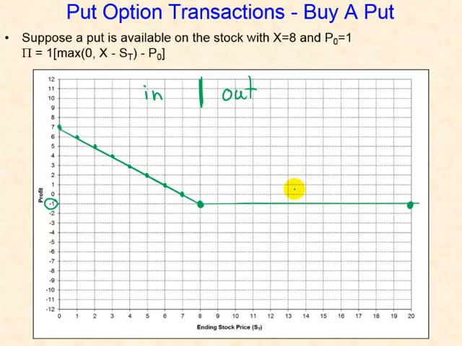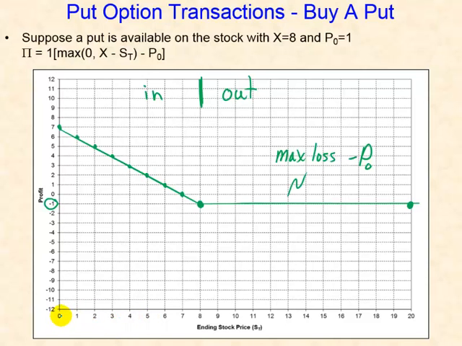So we can see that our maximum loss from buying a put is simply the premium we paid up front. So I'll write not C0, but this is a put, so we have P0. So the worst that can happen if we buy a put option for a premium of 1 is that we lose $1. At low stock prices, our put goes in the money. Unlike a call option, a put cannot go infinitely far in the money.